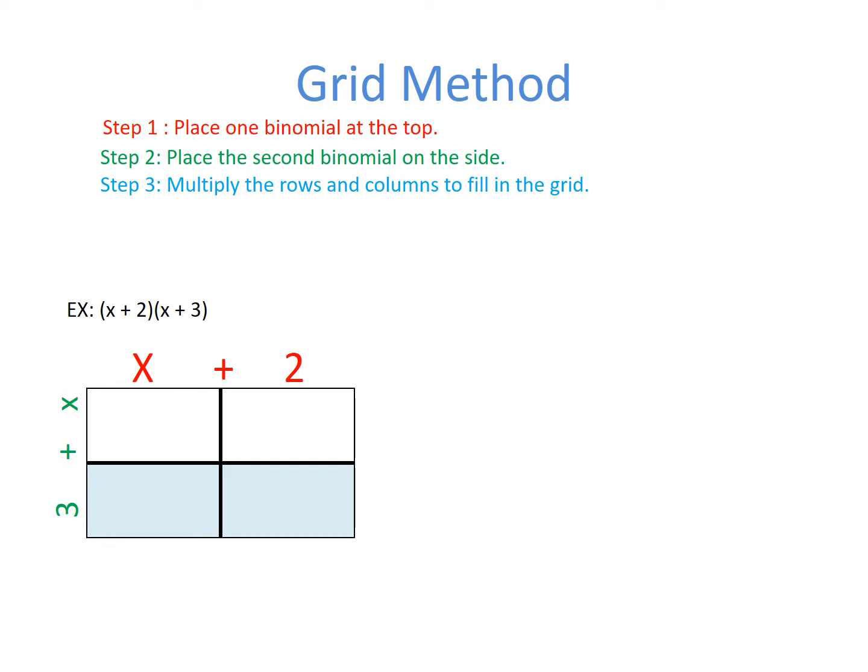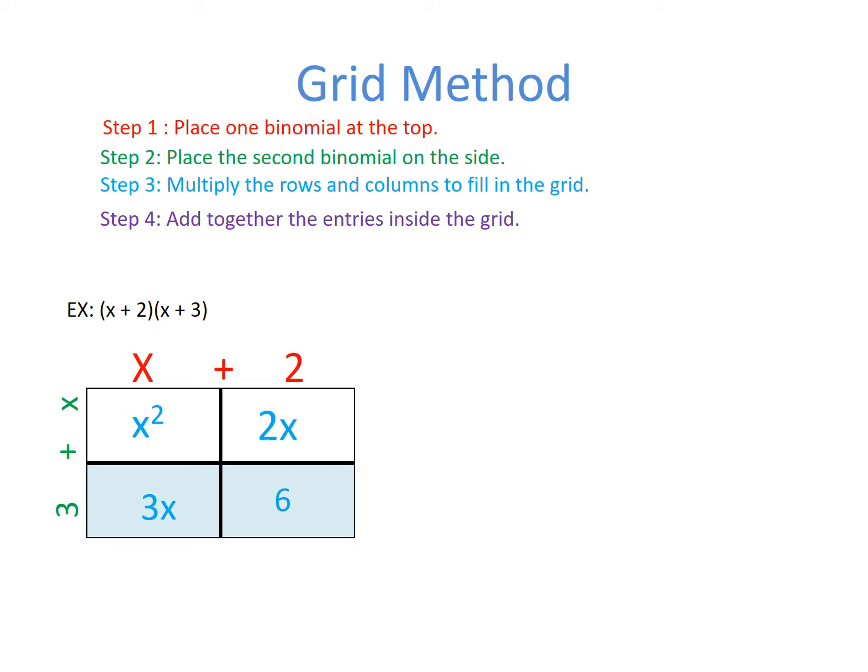We then are going to multiply the rows and the columns in order to fill the grid. So x times x will give us x squared. X times 2 gives us 2x. 3 times x is 3x, and then 3 times 2, which is 6. Then our final step is going to be to add all of those entries together inside of the grid.